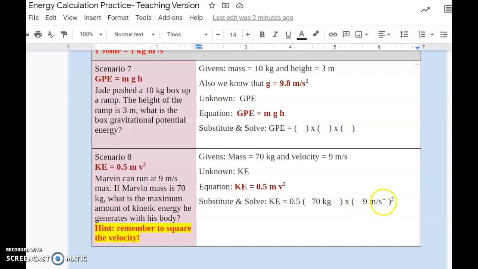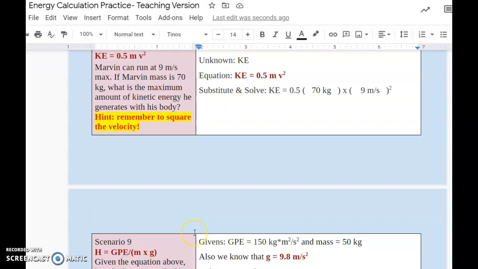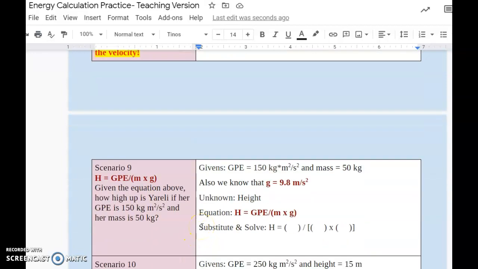So if I were to punch this out, I would go 9 times 9 or 9 squared first, hit equal or enter, and then multiply by 70 and multiply by 0.5. So remember, square first.